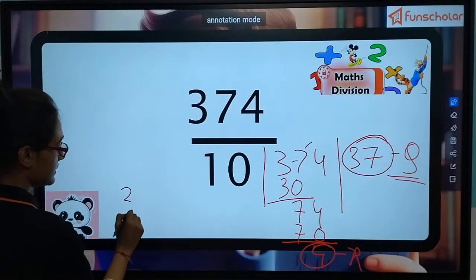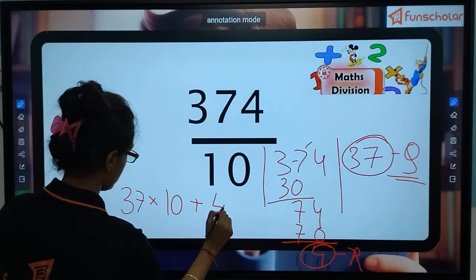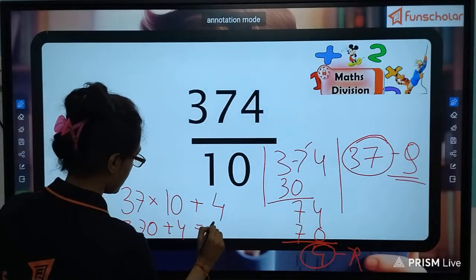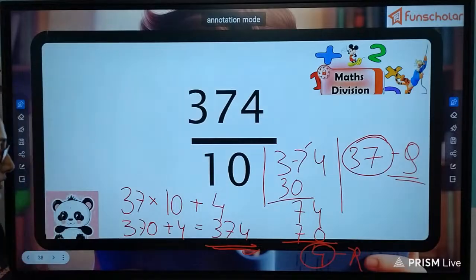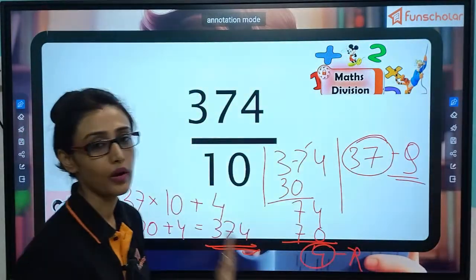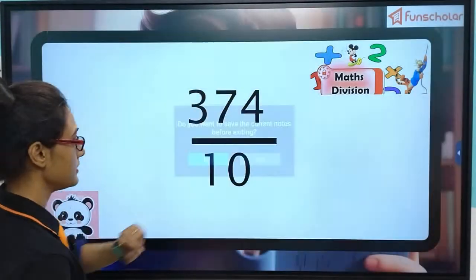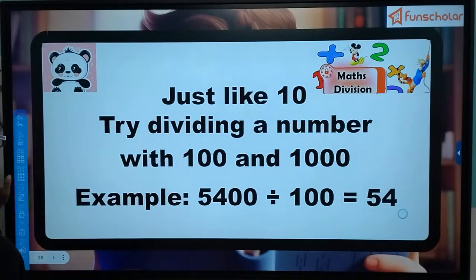So 37 into 10 plus 4, 370 plus 4 equal to 374. See how easily we have done, and knowing this, it is so easy to recheck whether what you have done is correct or not. Okay.